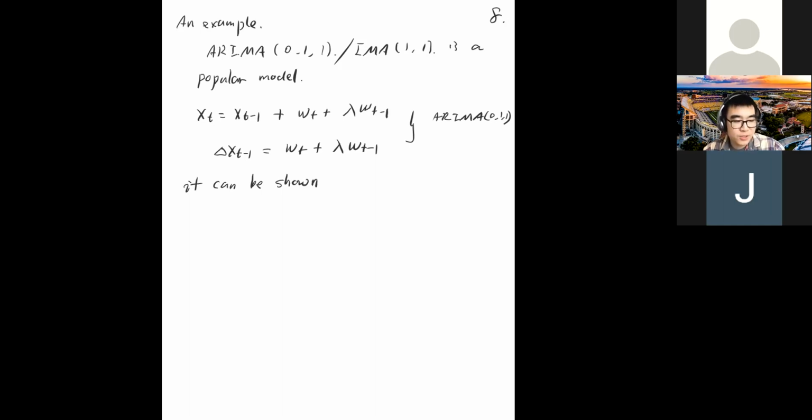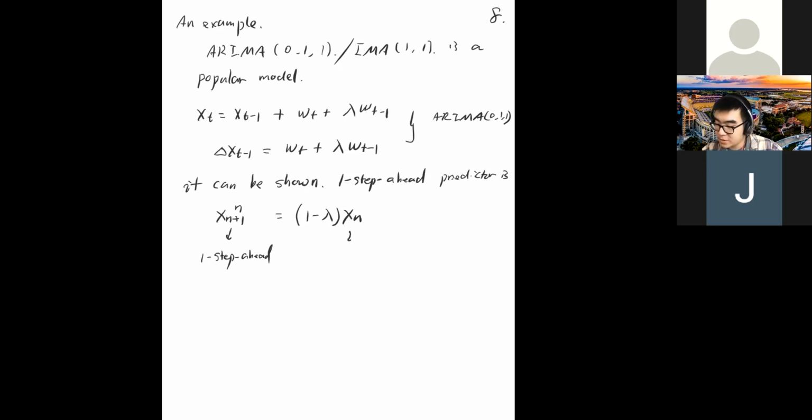It can be shown that the one step ahead predictor, or forecaster, is equal to 1 minus lambda, where lambda is the coefficient of the MA, times x_n, plus lambda times the previous one step ahead forecast.